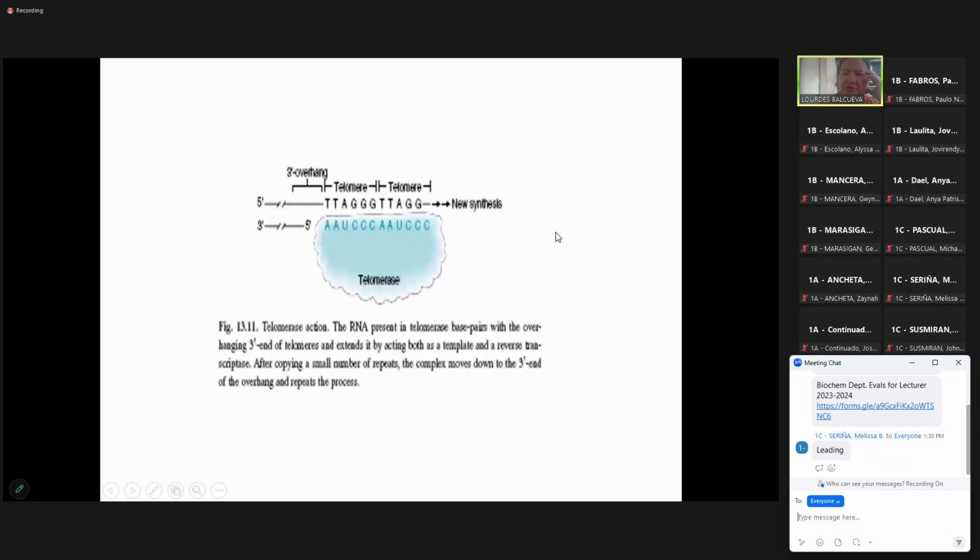What about your somatic cells? What is the cell division there? Mabagal lang, no? Cell division there is slow. Give me an example of a fast dividing cell, a cell that is speedily dividing.